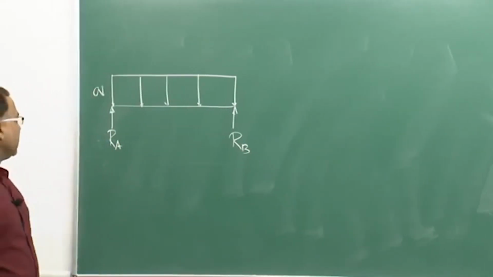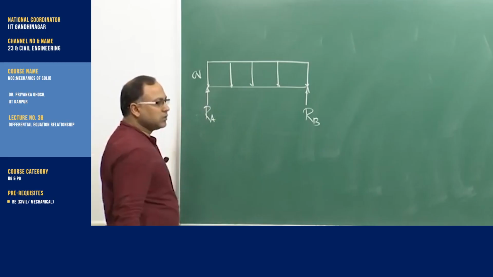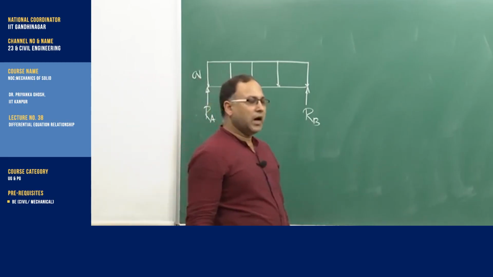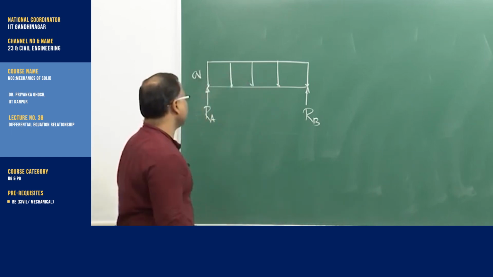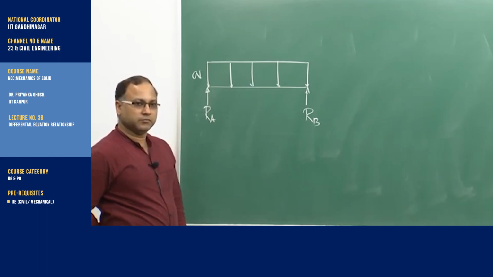That means both RA and RB will be the same, so RA equal to RB equal to the area under this loading diagram.